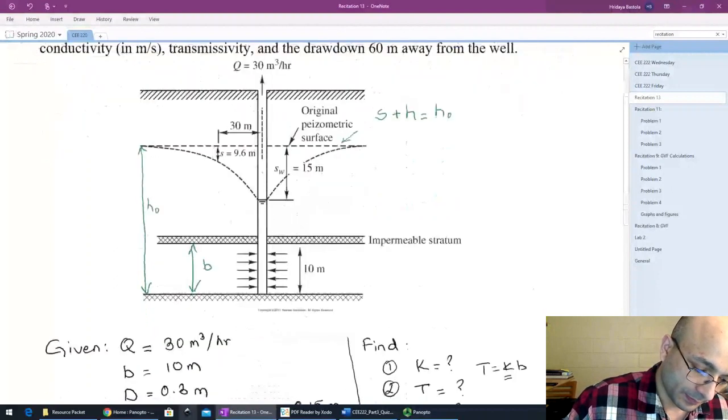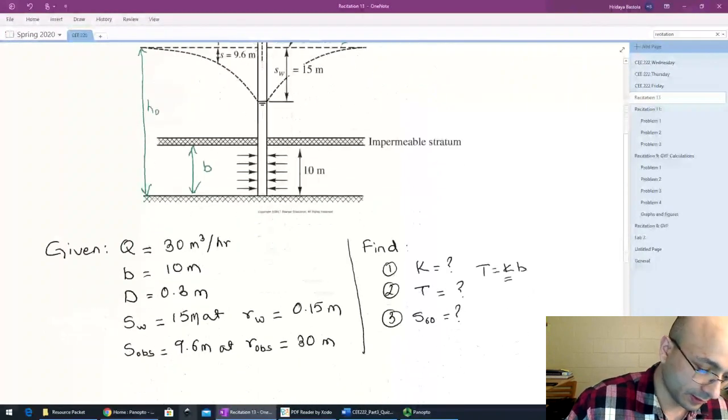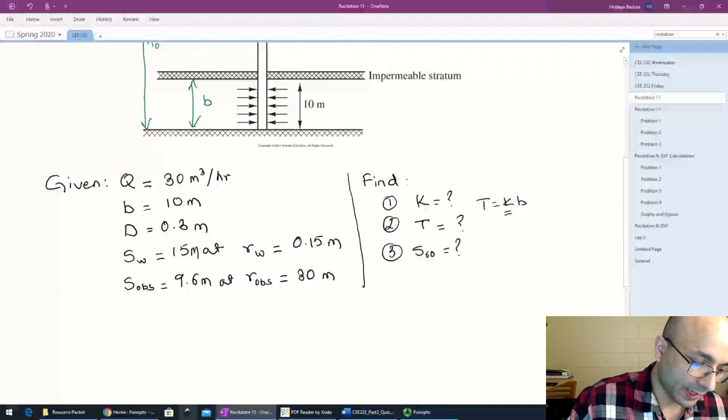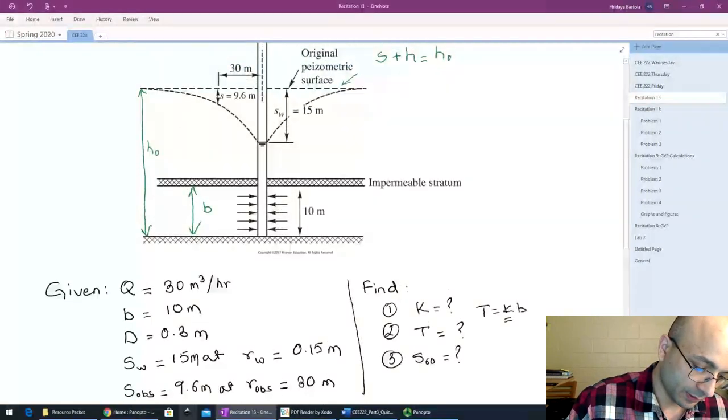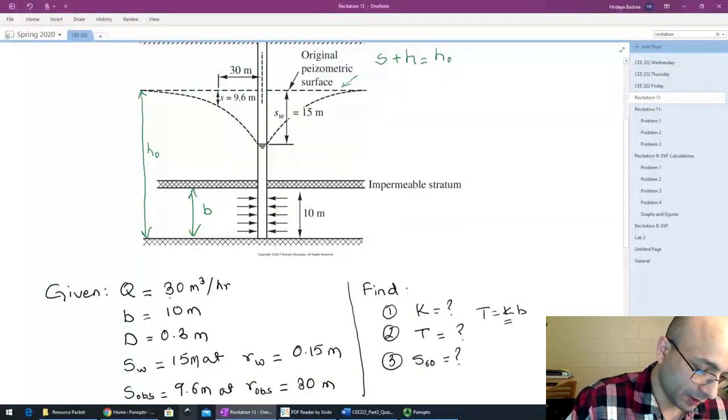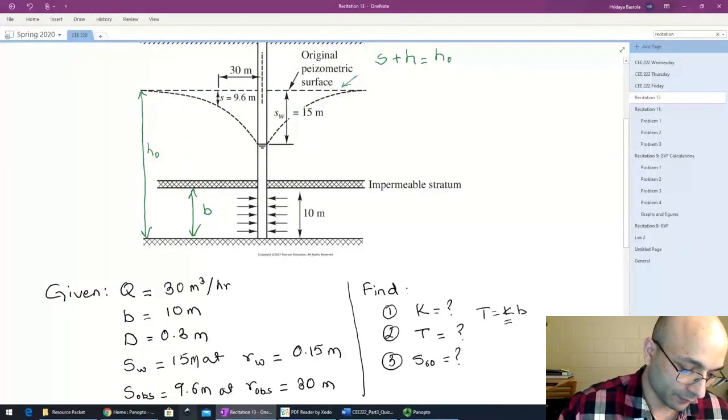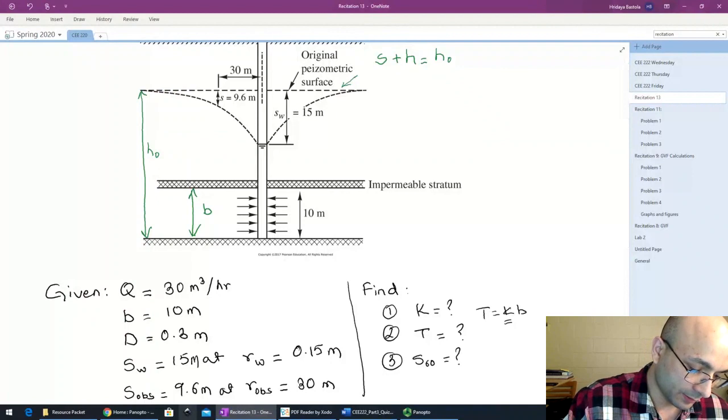So with this, let's take a look at the given. We have a constant discharge of 30 cubic meter per hour from the well. We know the aquifer width, we know the diameter of the well.